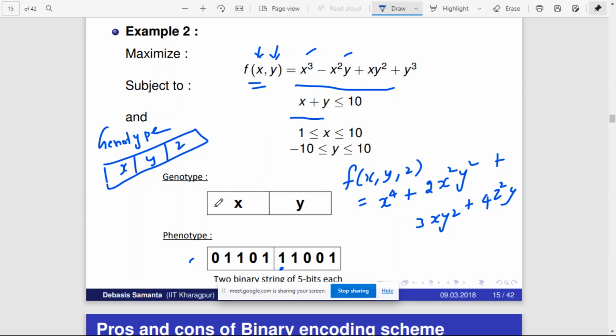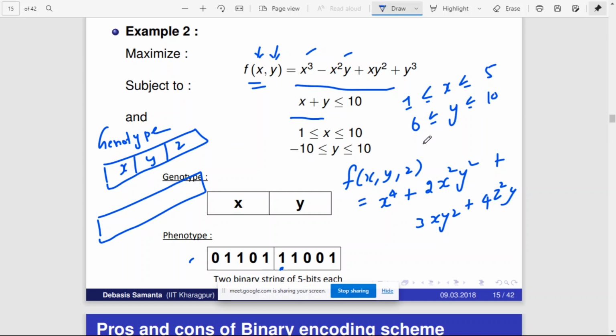Okay, phenotype, we know, I am giving a constraint like this. X should be between 1 and 5. Y should be between 6 and 10. And Z should be between 20 and 25. Okay. So could you tell one possible value for X?